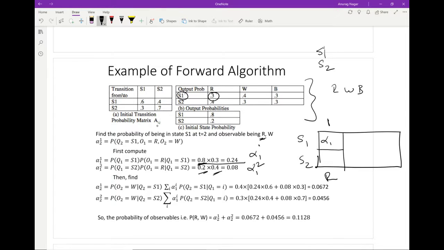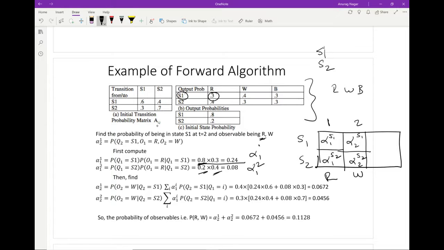So alpha 1 S1, alpha 1 S2. Then this is time 2, and I'm going to say alpha time 2 S1, alpha time 2 S2. Okay, so at time 2, I'm going to observe W.